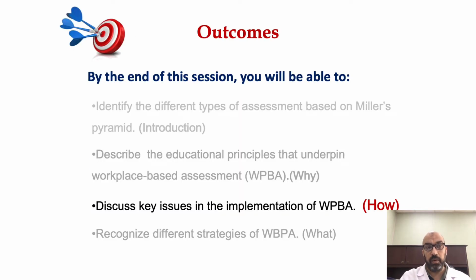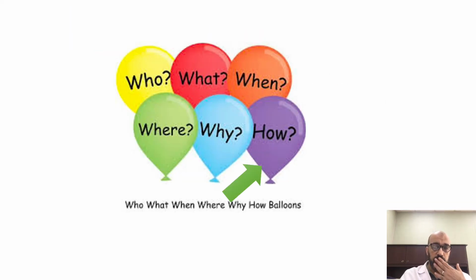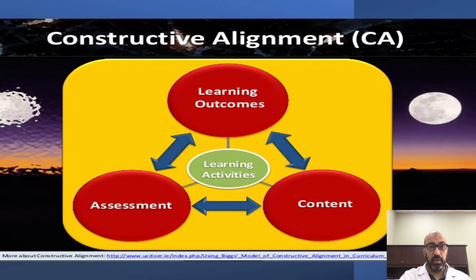Let us go to how, the key issues in the implementation of workplace-based assessment. On how, we need to remember the constructive alignment, as we just mentioned, between learning outcomes, content, and the assessment. So this alignment is important in implementing workplace-based assessment.